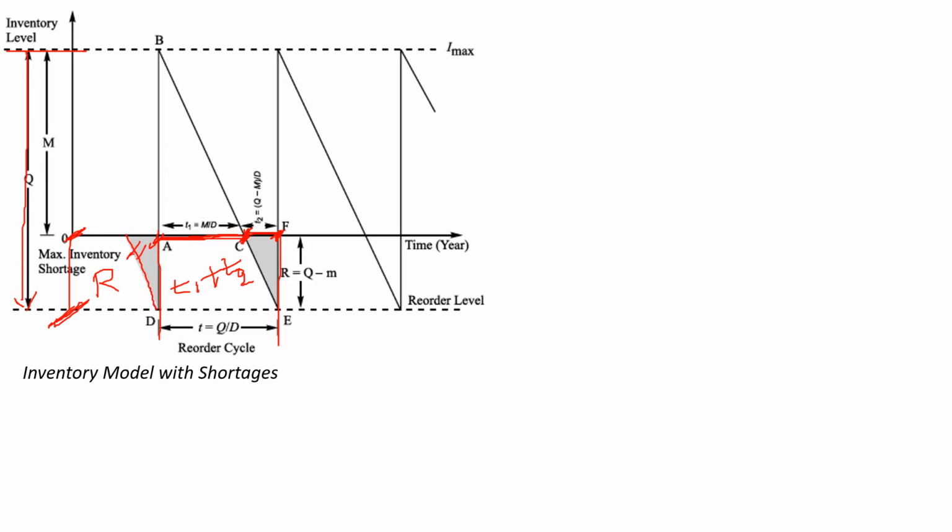Then the remaining quantity, let us consider M, is placed in the inventory. So M is the quantity placed in inventory after the deduction of shortage, and the shortage units R equal Q minus M.